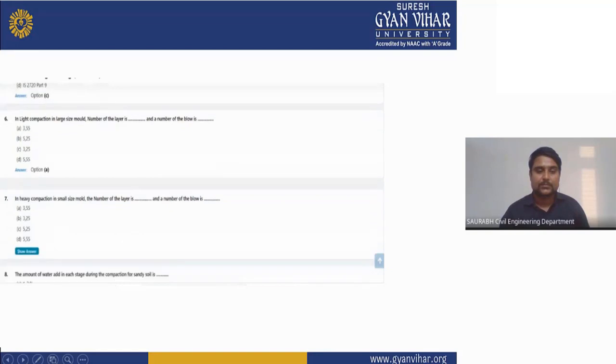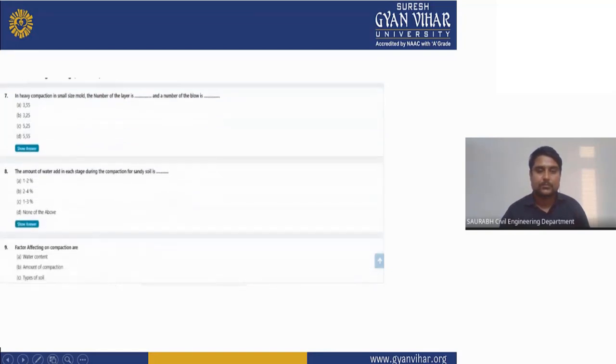Come on the next question. In heavy compaction, the small size of mold, the number of layers and number of blows. We have done this question, and it is asking for the heavy compaction. It is not asking for the light compaction.